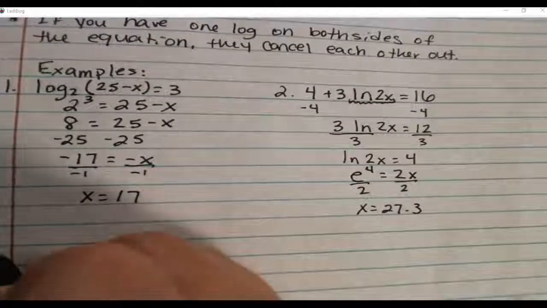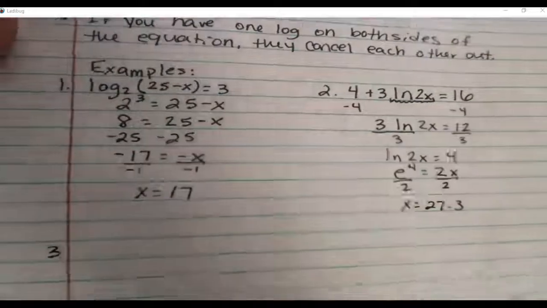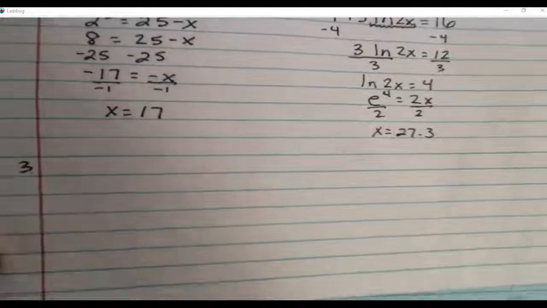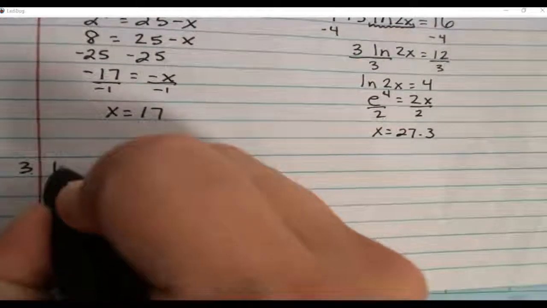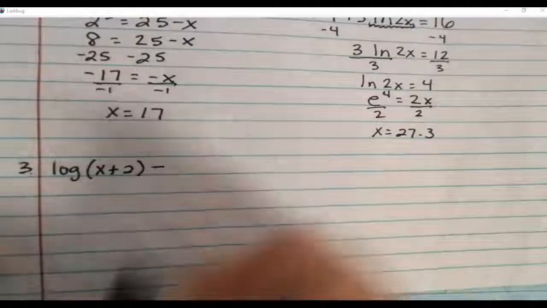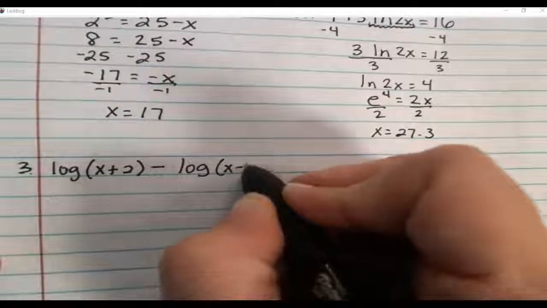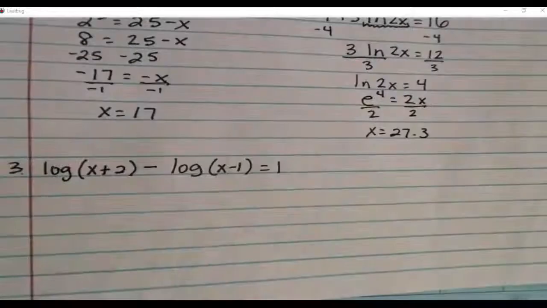Alright, let's do it properly. So let's say we have log of x plus 2 minus log of x minus 1 equals 1.